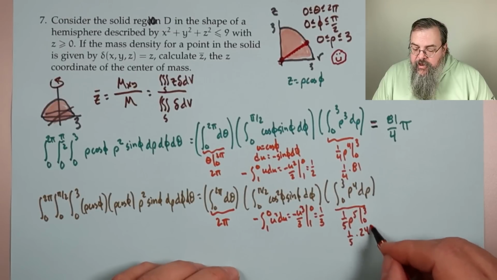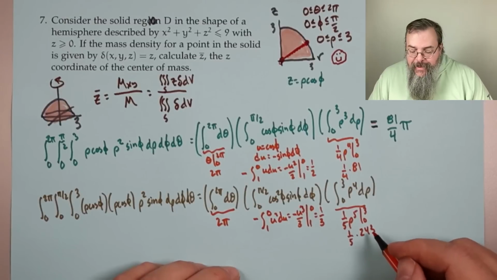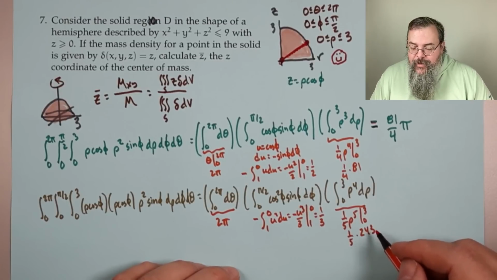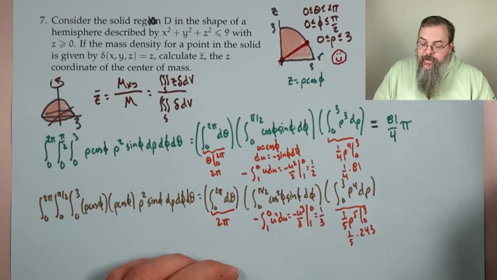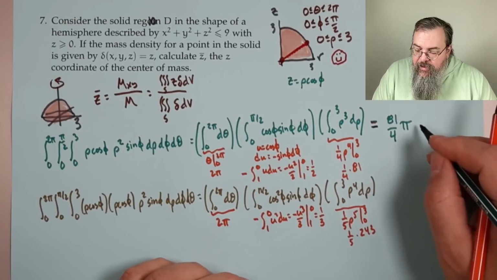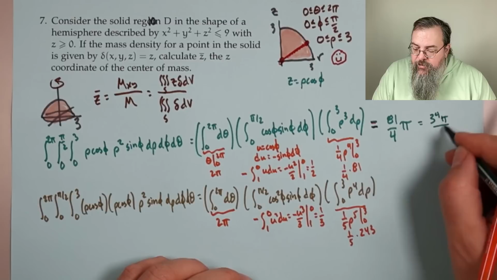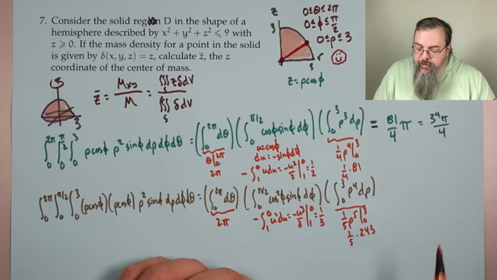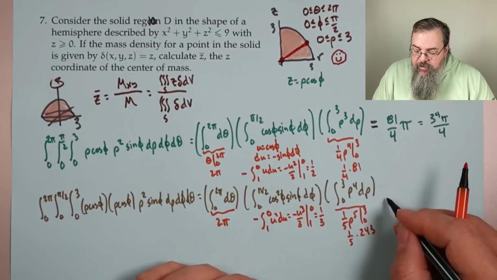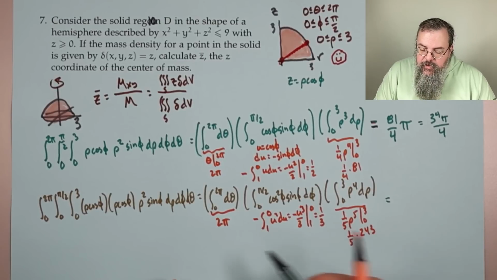That's 243. I kind of regret writing this as 3 to the 5th is 243, because I can come back here and just revise this. This is 3 to the 4th times pi over 4. And here, we can do the same thing, right? We have a 2 pi.